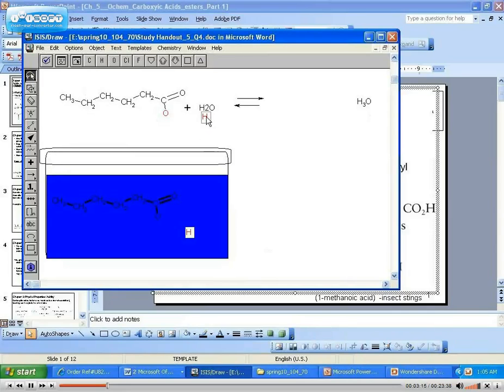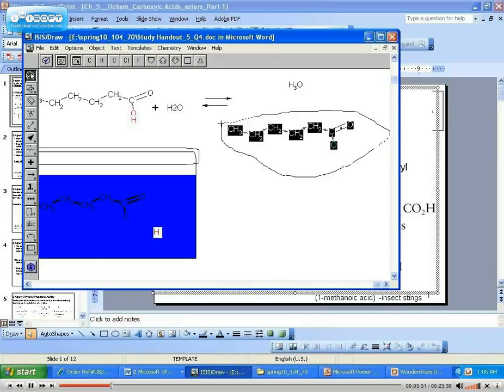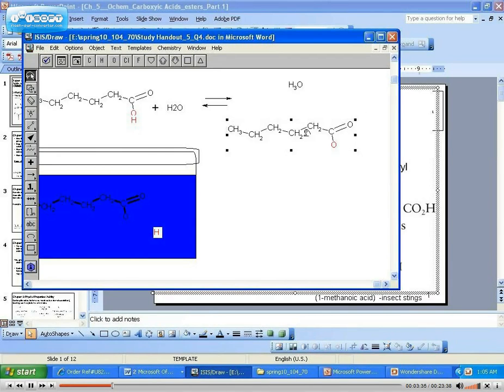And the original carboxylic acid will actually form a negative ion. So here I have the original carboxylic acid, which we call a carboxylic anion now, and then I have the water molecule that picked up the hydrogen.